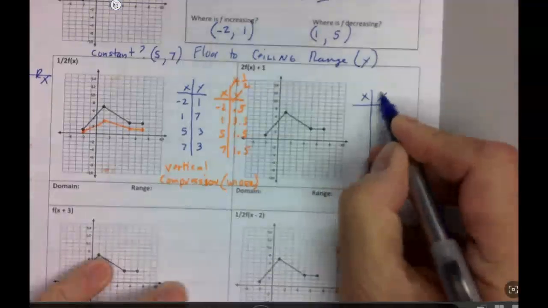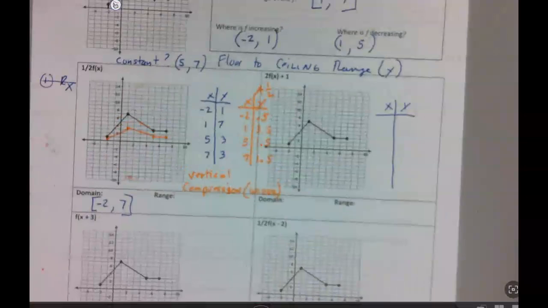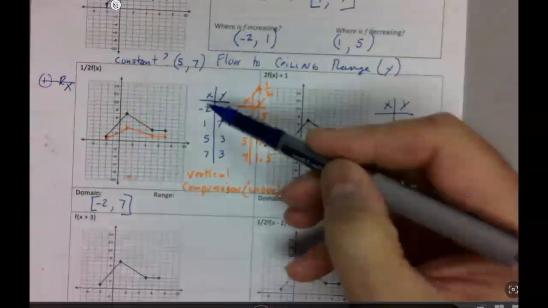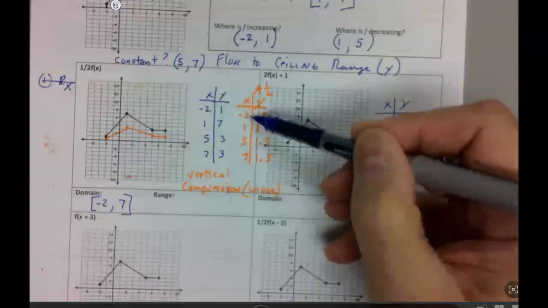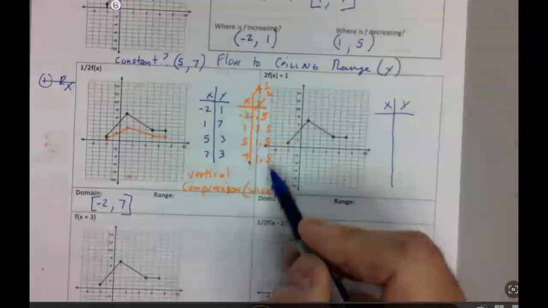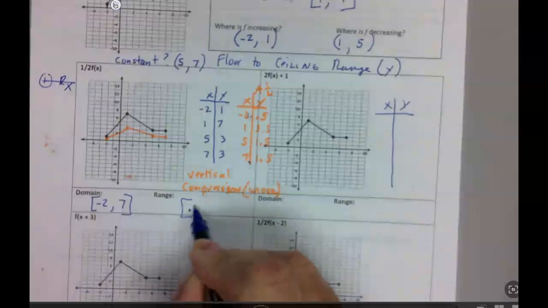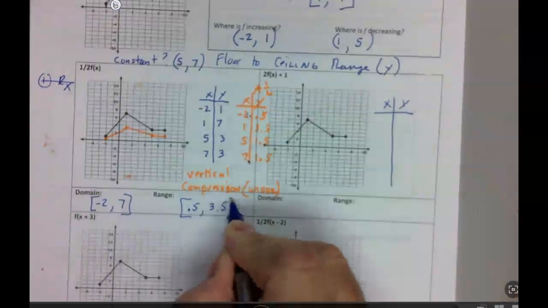Oh, let's look at our domain. Our domain would be negative 2 to 7. Is that correct? Watch. Everybody look up here. Look at the x values here. What's the smallest x value? What's the biggest x value? 7. What's the smallest y value here? 0.5, correct? What's the biggest y value? 3.5.